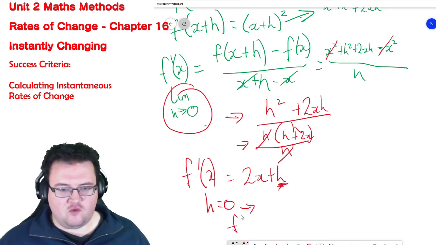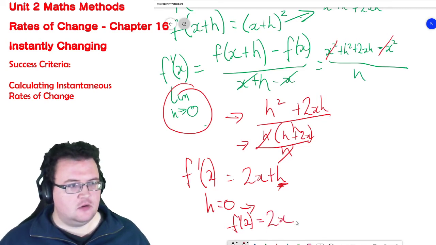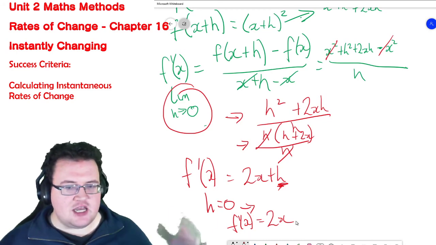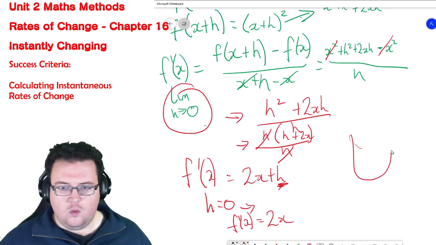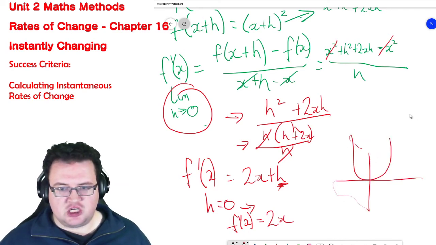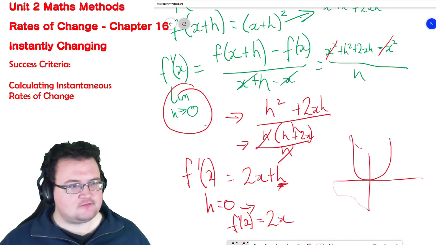That means the gradient at that point is just going to be 2x. I can now work out the gradient at any point along y equals x squared just by knowing that the gradient equation is this.